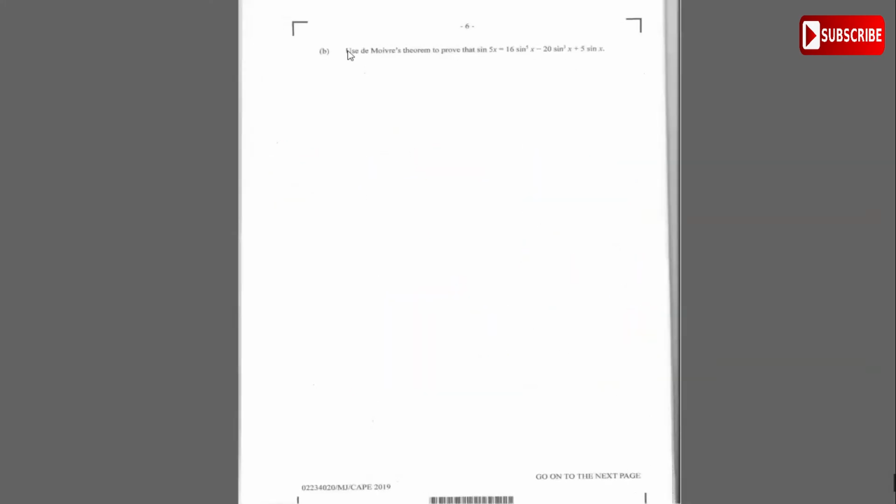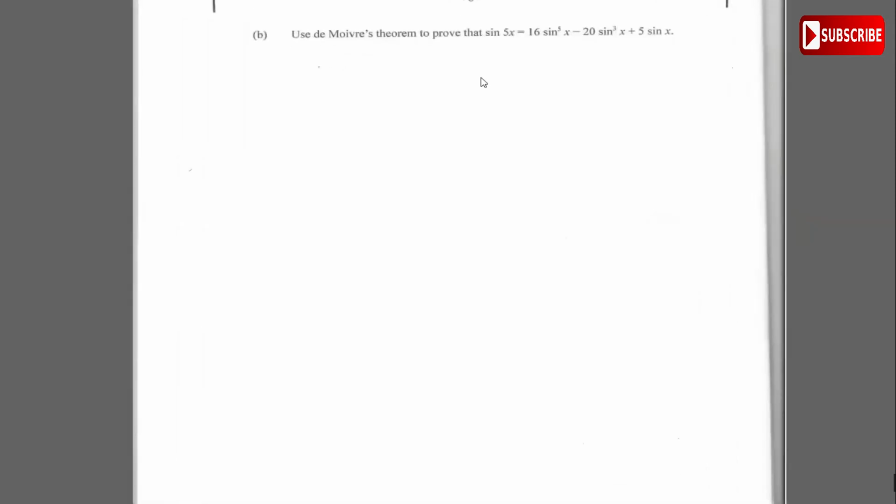Moving right along. This question goes to ask us, use De Moivre's theorem to prove that sine 5x is equal to 16 sine to the 5th x minus 20 sine cubed x plus 5 sine x.